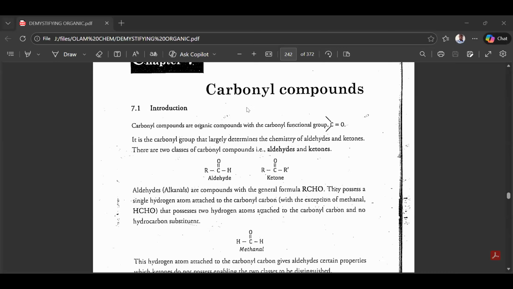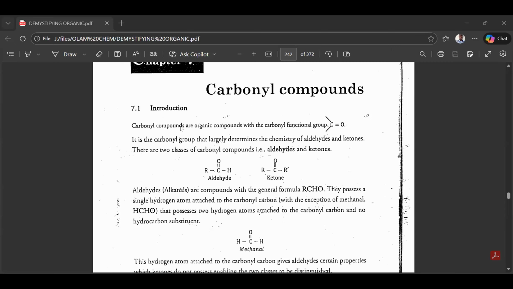So you shouldn't revise the homologous series and forget to revise the isomerism, the preparation methods, the reactions, and mastering the mechanisms under that given homologous series.